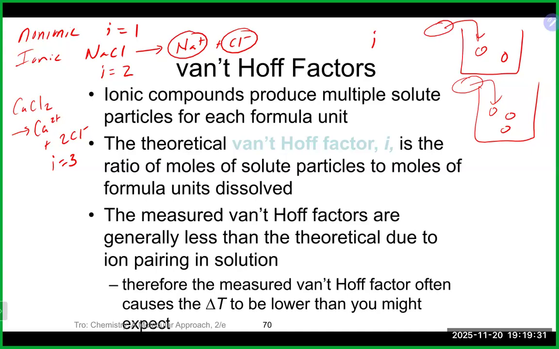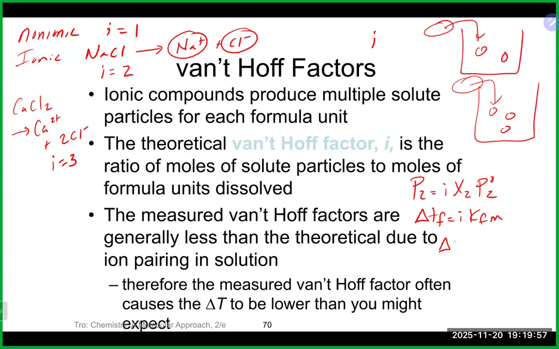How does that affect things? Well, we do see this affect all of our colligative property formulas. So if you took the vapor pressure one we saw before, you could put your i factor into that. Your freezing point one, you could put your i factor into that as well.